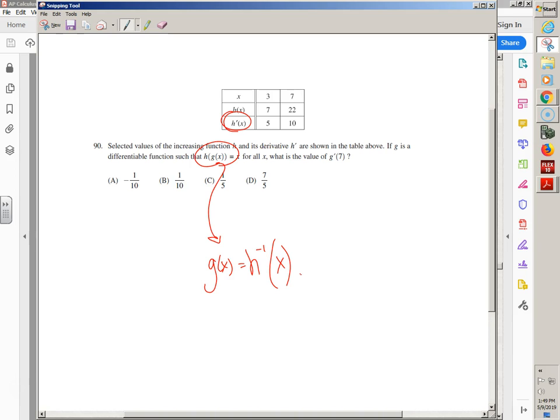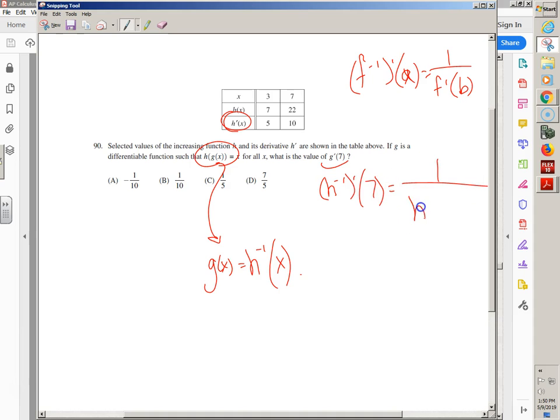Wait a minute, do we have a card for how to take the derivative of an inverse? F inverse prime of x is equal to 1 over f prime of, well, if that's an A, that's a B. If I'm trying to find the inverse's prime, that'd be h inverse prime of 7. That's another way of writing that. That would equal 1 over h prime of 7.